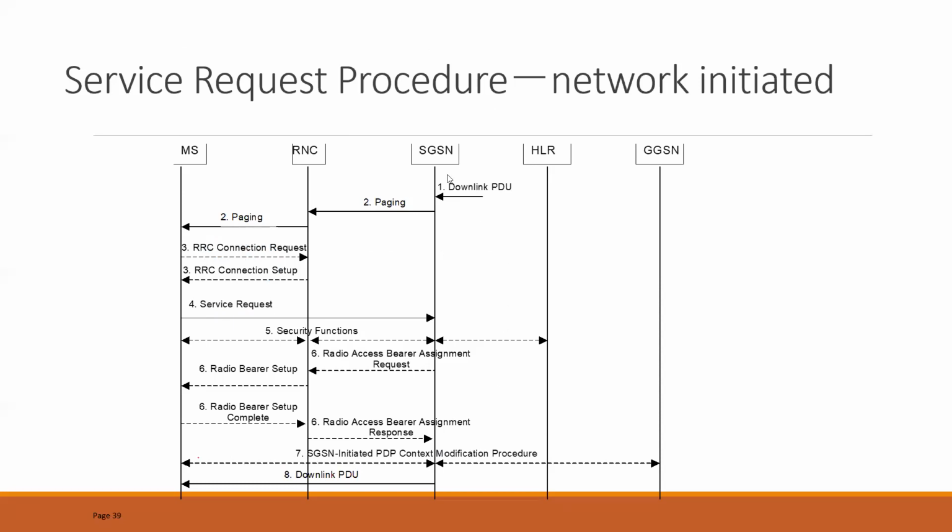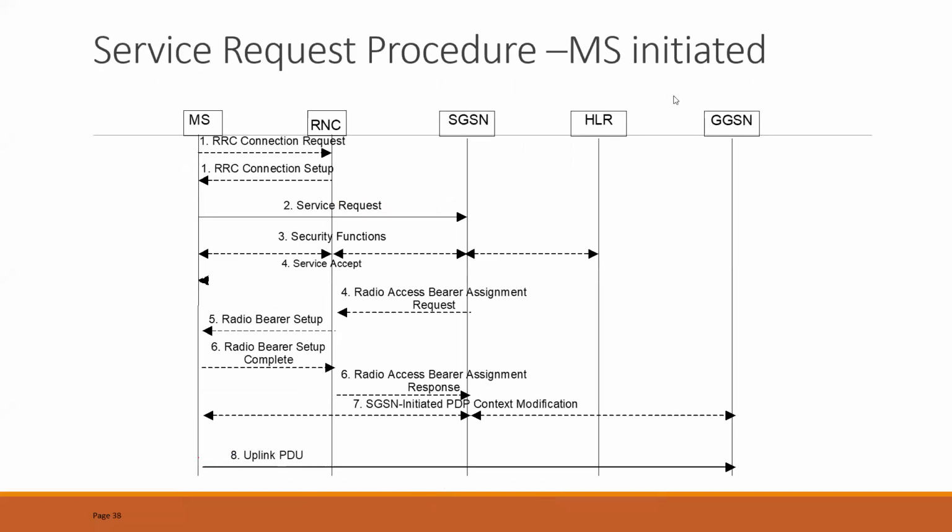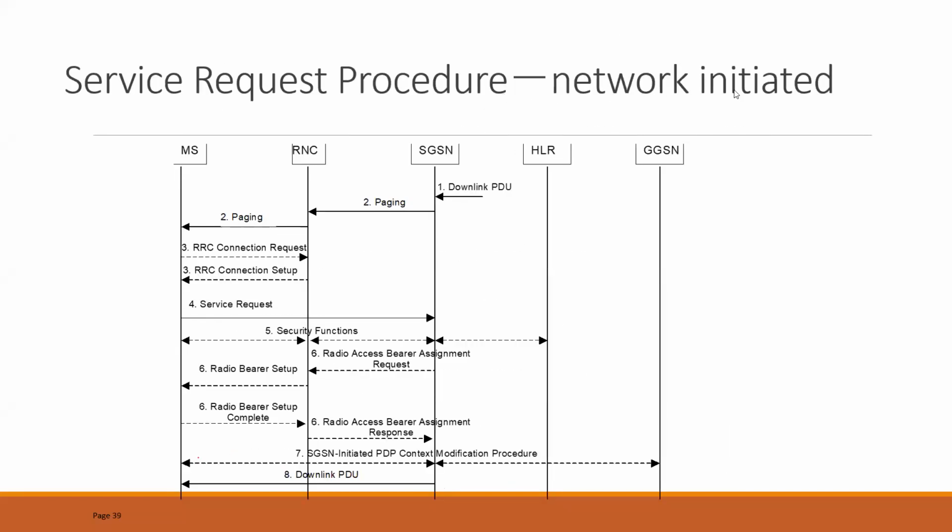And then this downlink PDU, this downlink message that is available, is going to be transmitted to your MSISDN once you have a bearer established. So this is the MS initiated service request, and this is the network initiated one, which is a result of a paging, an incoming request coming to a handset that is not in an active state.